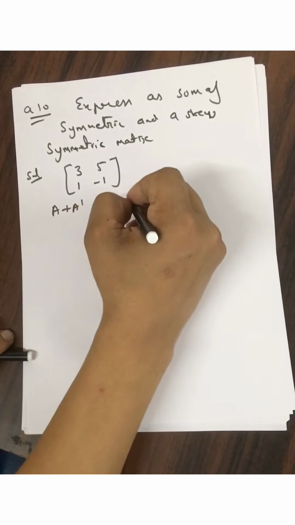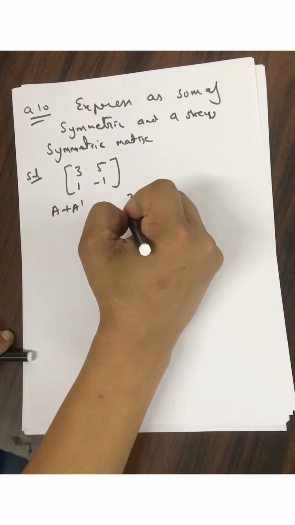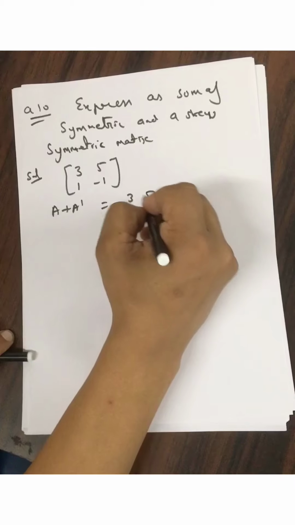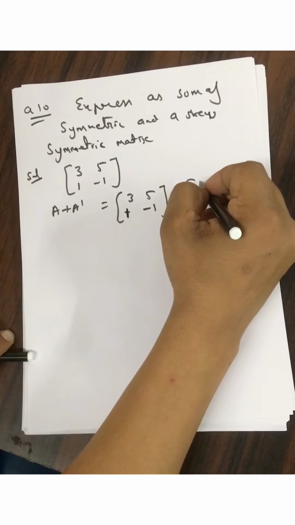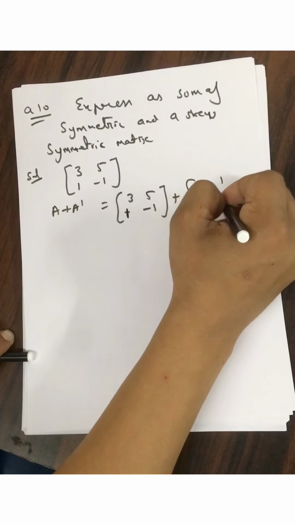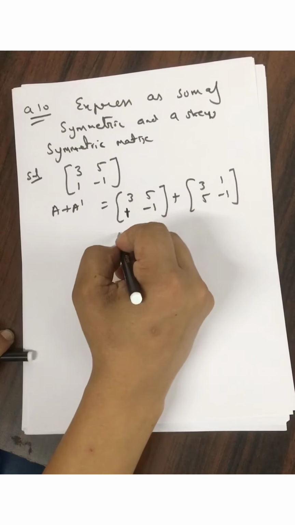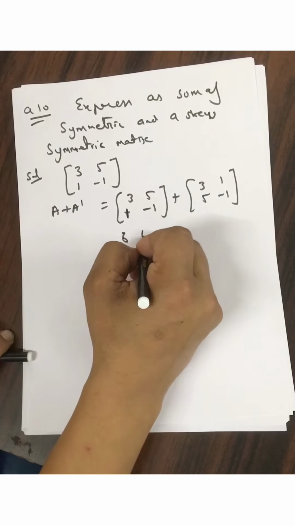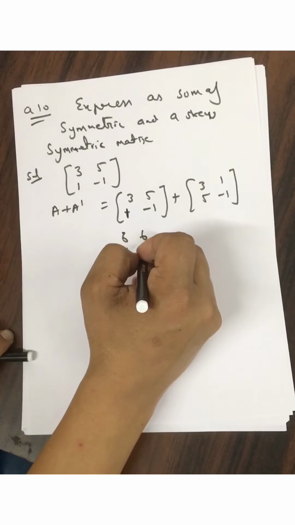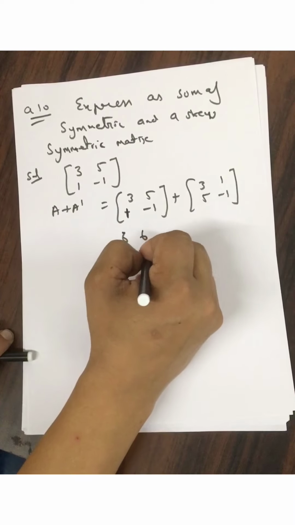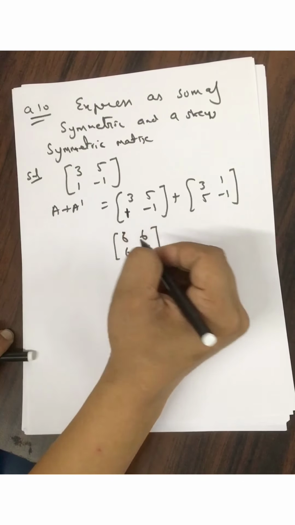How much is that? 3, 5, 1, and this is not minus 1, plus 3, 5, 1 and minus 1. Add up this. How much does this come to? 6, 6, 6, and minus 1 plus minus 1, that is minus 2.